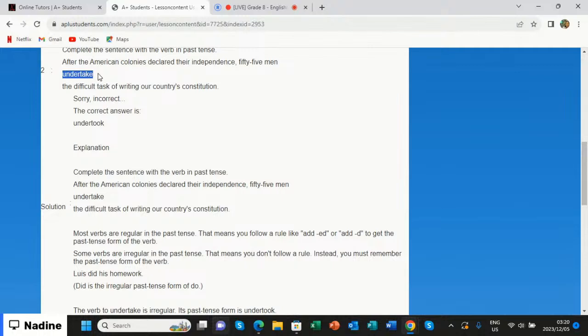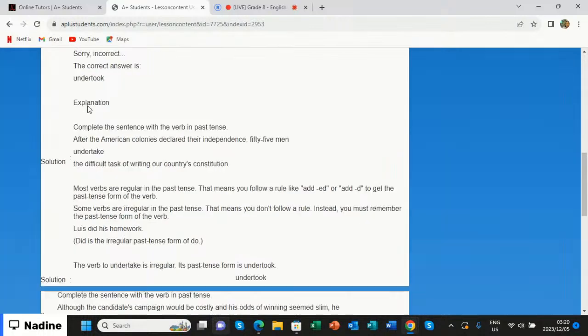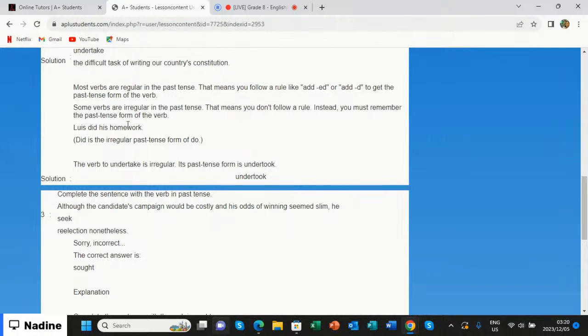Undertook the difficult task of writing our country's constitution. So undertook is the irregular past tense verb. And that is our verb in the past tense.